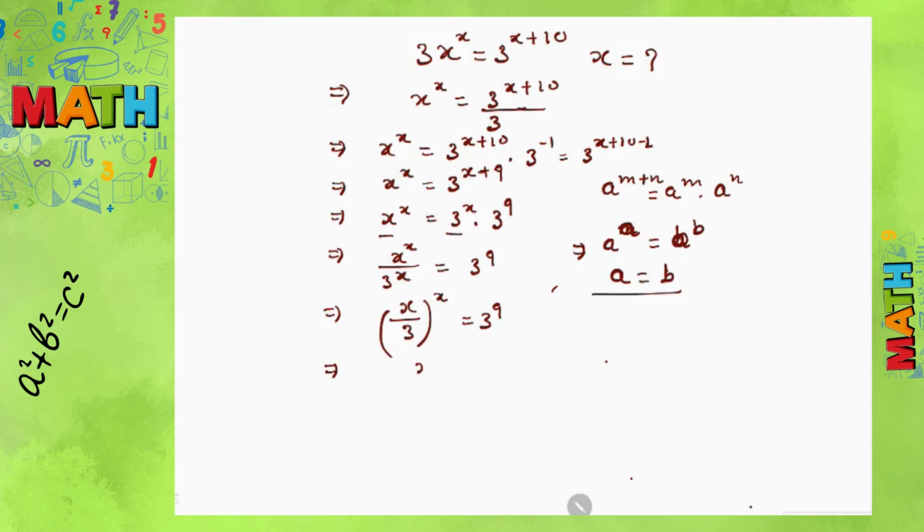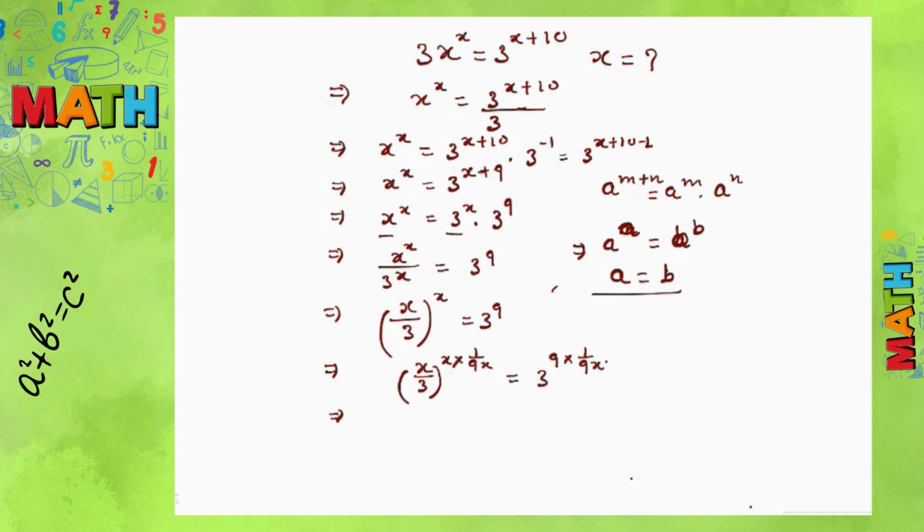So the only way to do it is x by 3 upon 9x on both sides. Okay, so what will happen here? Just think about it. So let's do it this way.